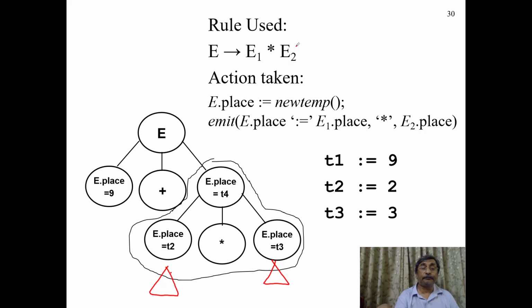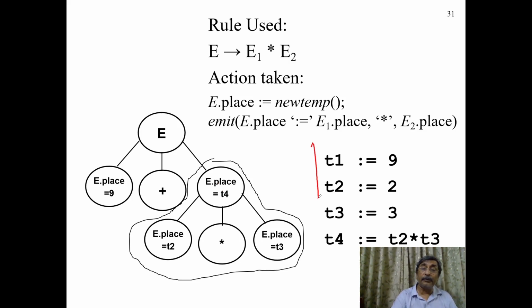And then a new rule and a new semantic action. This is the emit which has the result, argument 1, operator, argument 2, right? And the moment you do that, you have T4 equal to T2 into T3. And you see T4 is remembered in E.place.